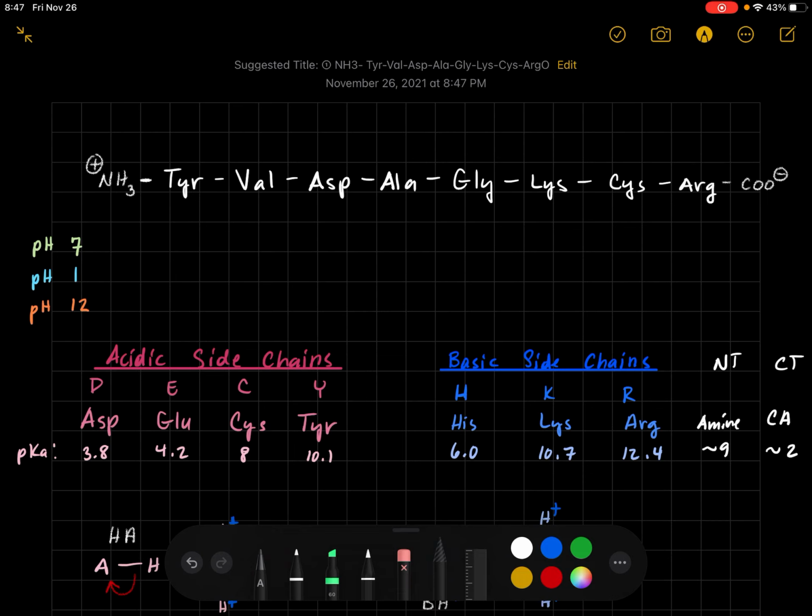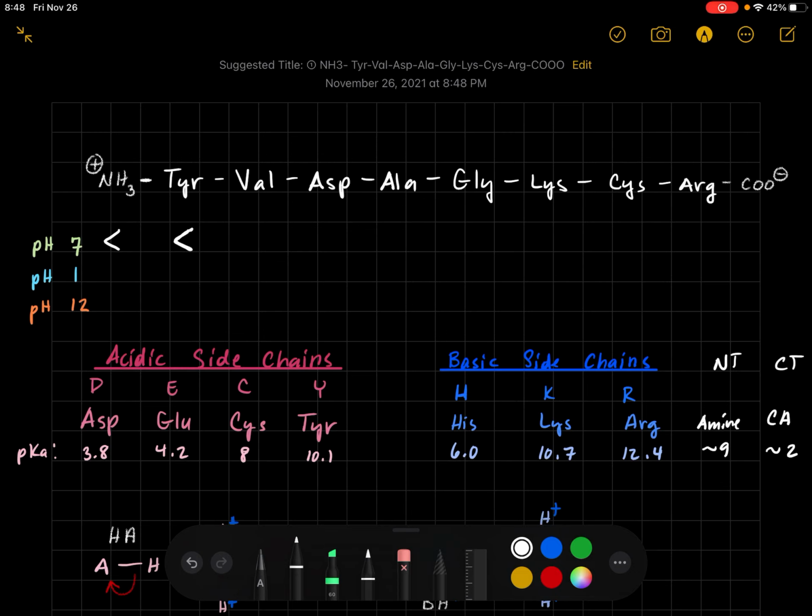Now, go down the peptide chain and identify if the pH is greater than, less than, or equal to the pKa. For the amino group, the pH is less than the pKa. For tyrosine, the pH is less than the pKa if we're using this pH of 7.